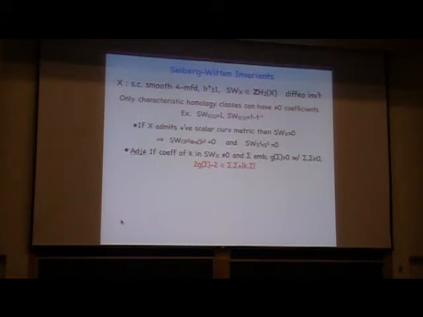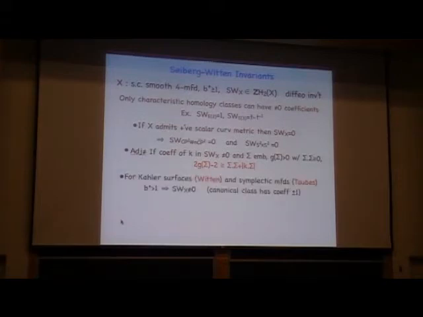Namely, any time you have an embedded surface of non-negative square and positive genus, it satisfies the inequality 2g minus 2 is greater than or equal to its own square plus the absolute value of its intersection number with this class. You should compare this with the adjunction formula in complex surface theory, where you actually get an equality if K is the canonical class of your surface and sigma is representing a complex curve.